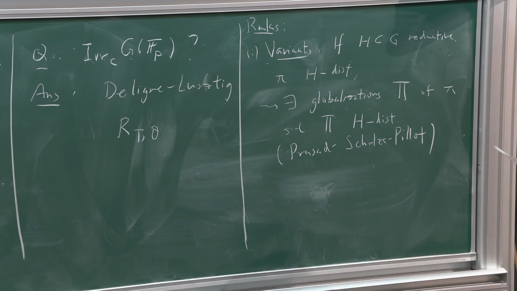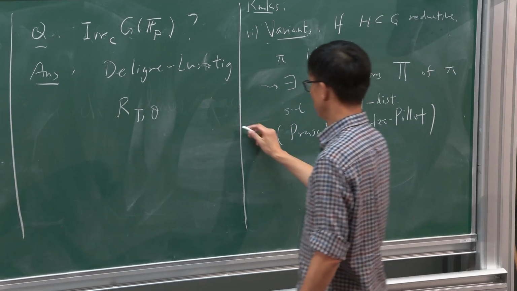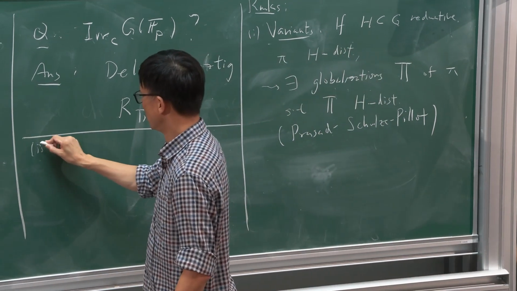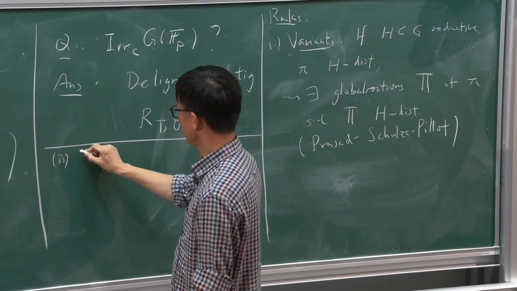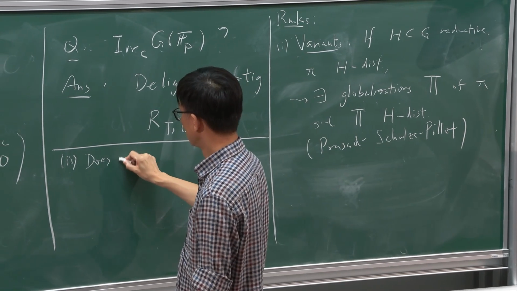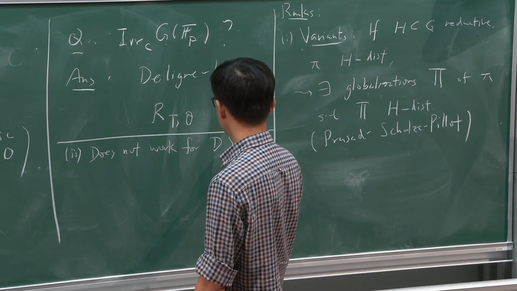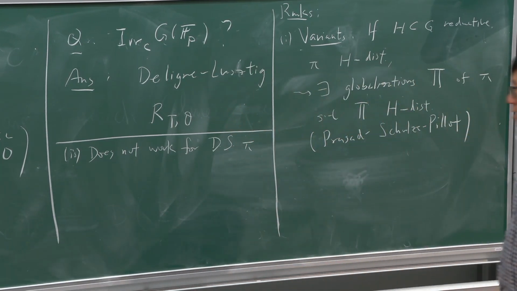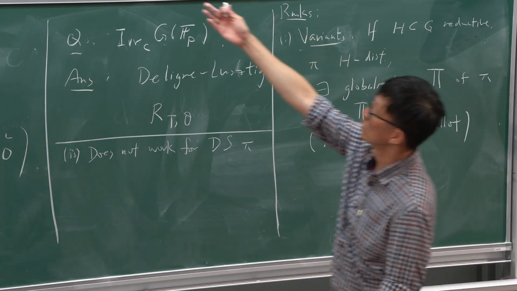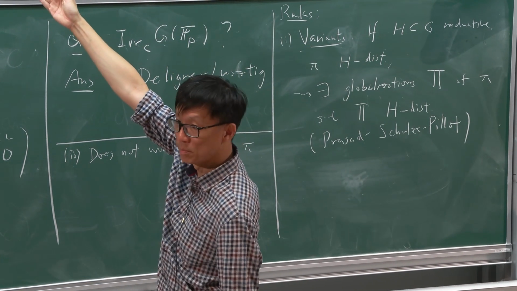Okay, that's one remark. Second remark is that this does not quite work for discrete series. If instead of supercuspidal you take a discrete series pi, it doesn't quite work because we need a compactly supported function as input.